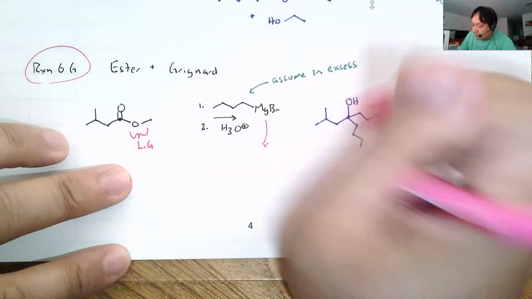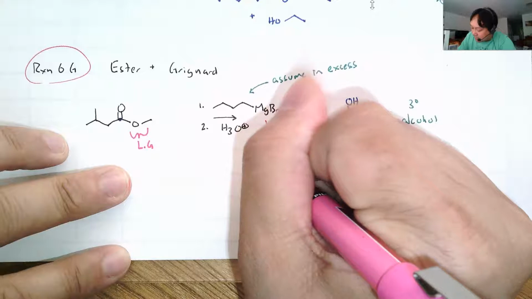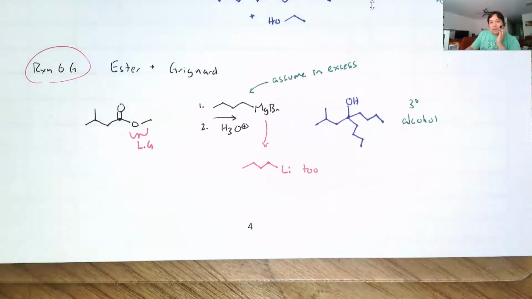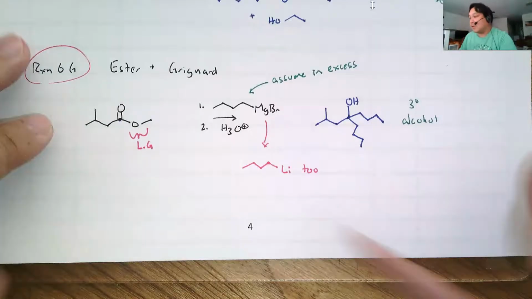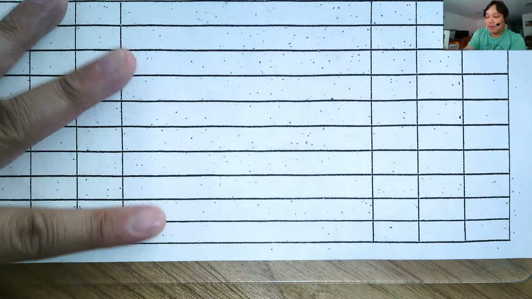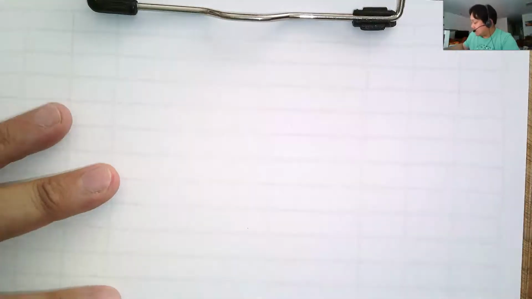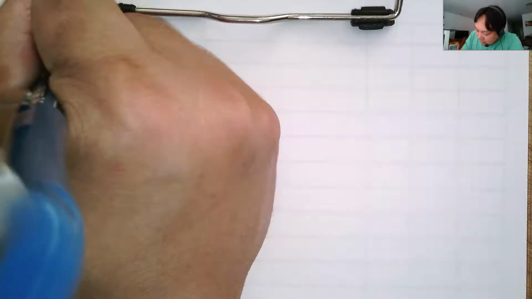If you can use Grignard, you could also use organolithium. Yeah. Let me show you that mechanism. How are we able to add that alkyl group twice? We start out with the ester.